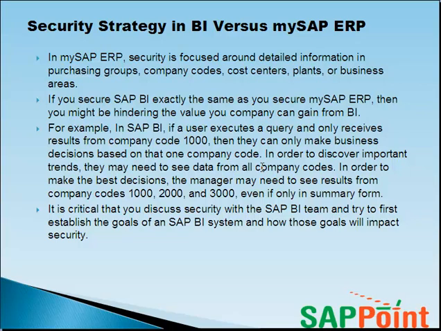That would help the user make the best decisions and come up with his future sales projections. To do that, the user may not need to see the detailed results of other company codes. It's even enough if the user can see the information from other company codes in summary form.